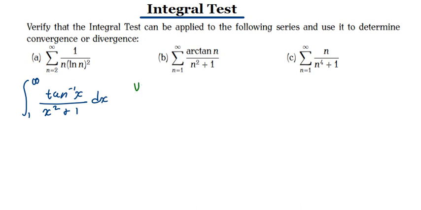Let u be equal to tan inverse of x. Then you observe that du dx will be equal to 1 over x squared plus 1. So I make dx the subject of the formula so that I come back and substitute here.